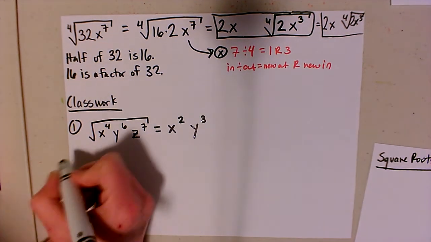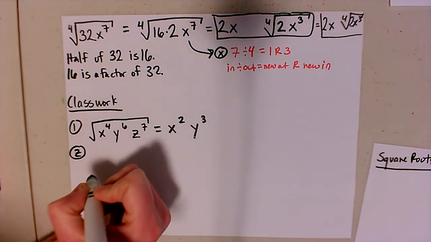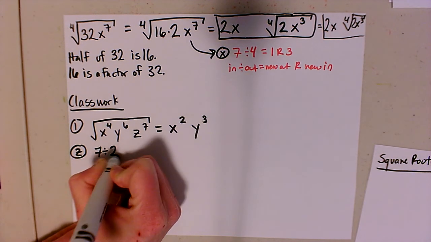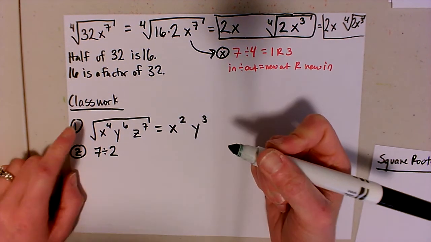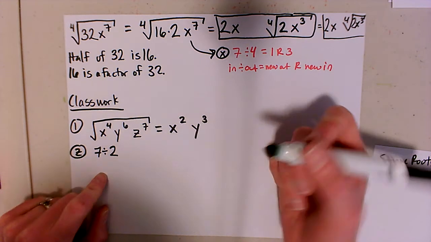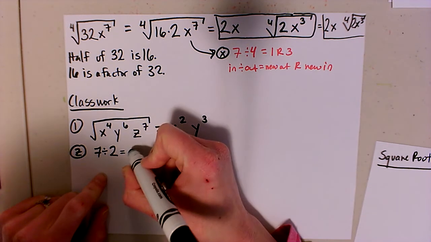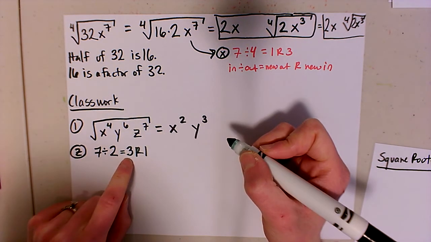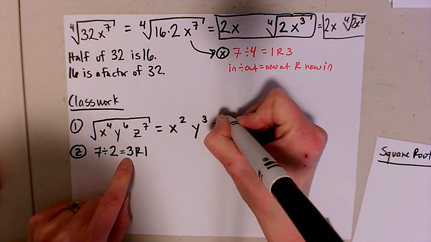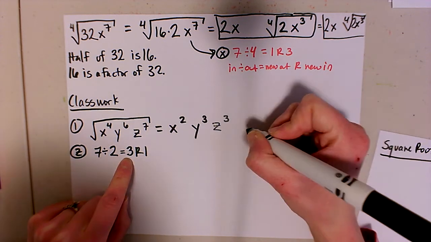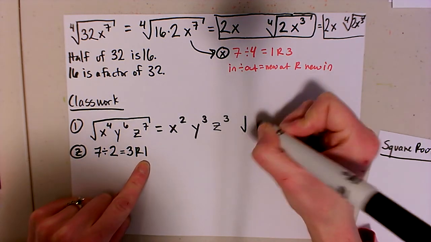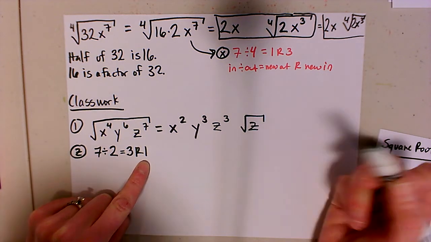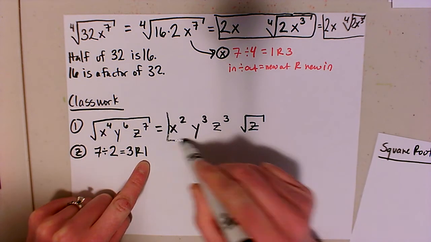Now to deal with the z, we would do 7 divided by 2, because when you're taking a square root, you always divide your exponents by 2, and that gives us 3 remainder 1. So this 3 means we have a z with an exponent of 3 on the outside, and this 1 means we have a lonely z with an exponent of 1, or no exponent needed, on the inside.